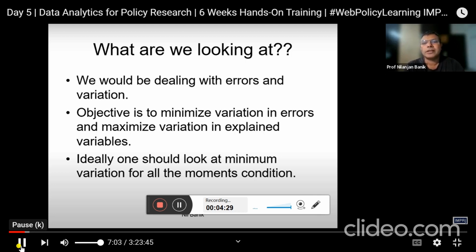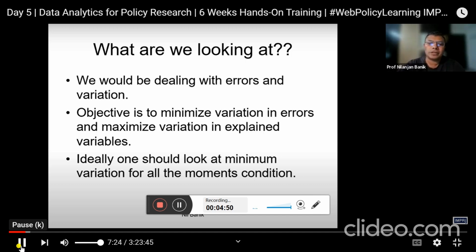So you take into account the sum of square of error, and the way the classical linear regression function works, it looks into the first two moment conditions, namely the mean and the variance. It doesn't go beyond the first two moment conditions.